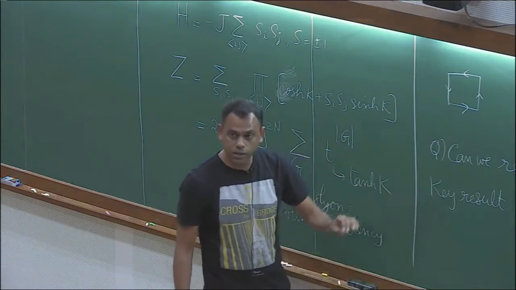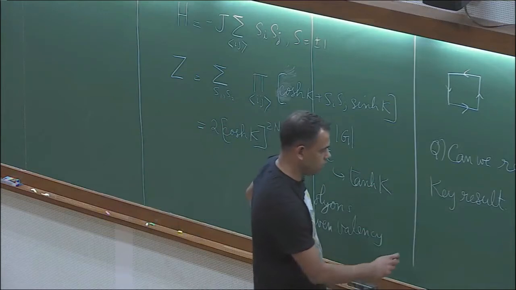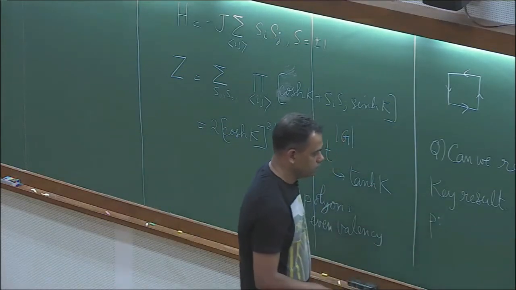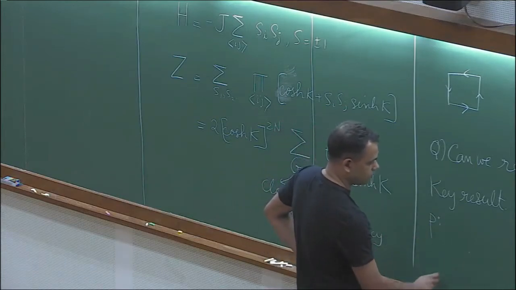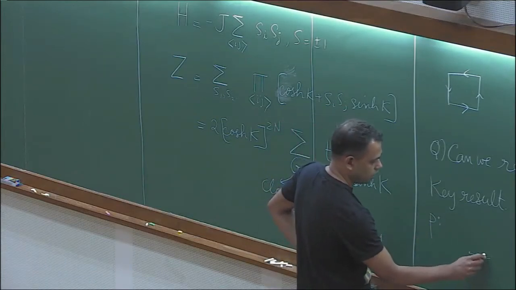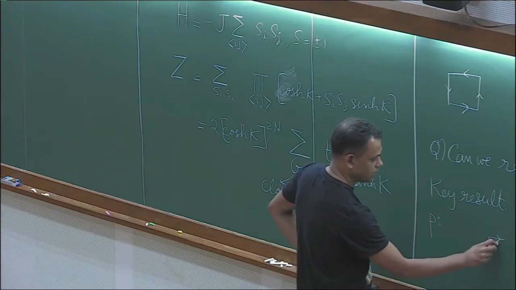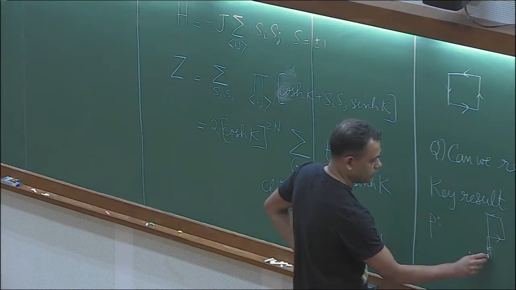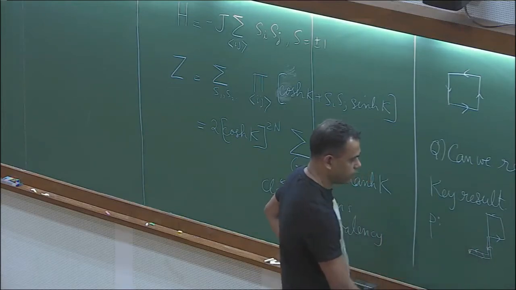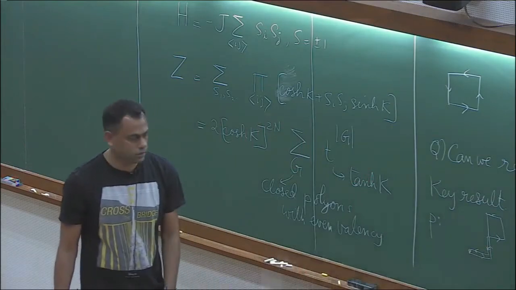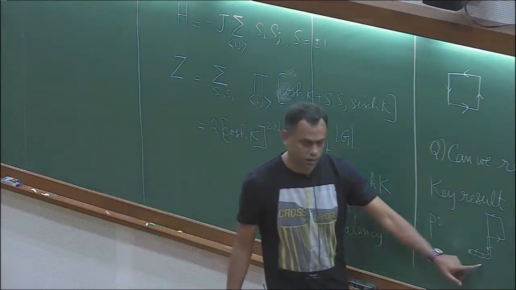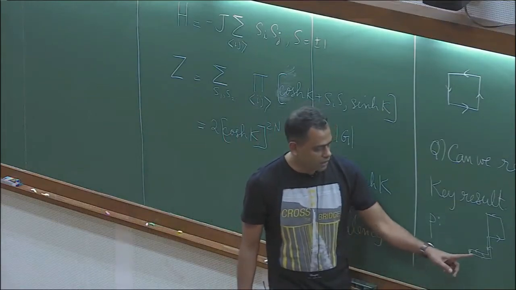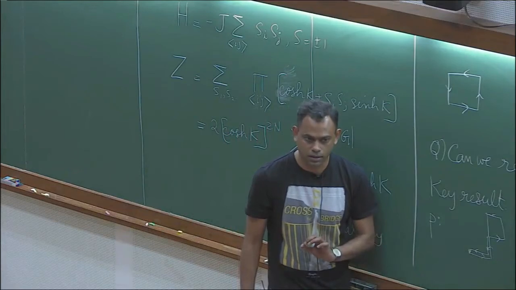To state this result, I need to define some terms. So let's look at a particular path. I'll define a path P to be some walk that starts at a point. There's no constraint, it can self-intersect, for example, and comes back to the origin after n steps. It's a closed polygon, a closed path. That's a path I will define. Now, this walk has some constraint. The only constraint is that it's not allowed to immediately turn back.